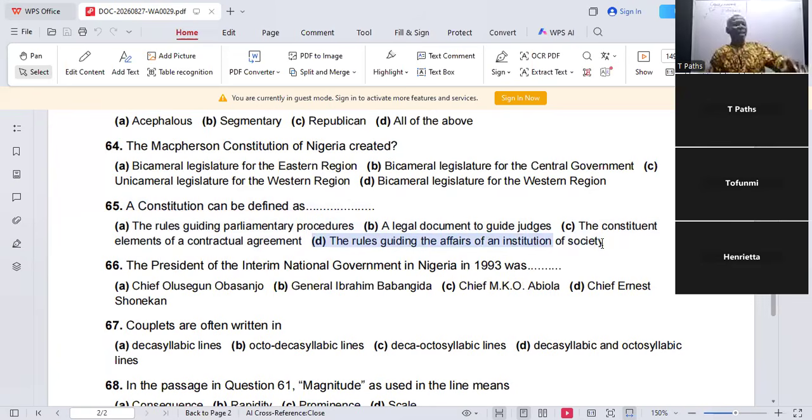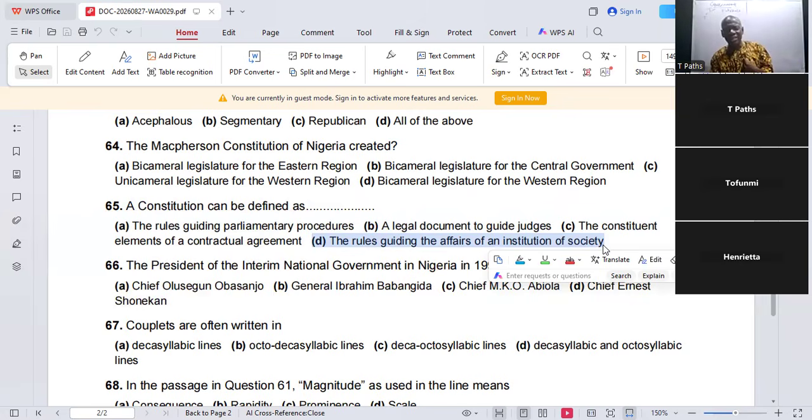No country, no organization can survive without a constitution. It's a framework that determines how power should be allocated. Whether a state, institution, government, or an organization, you must have a framework, even in a school setting, even at home. We all know that a father will draw up a constitution. This is what I want you to do. This is what I don't want you to do. Without this constitution, there will be violation of fundamental human rights. And remember that human beings have what?